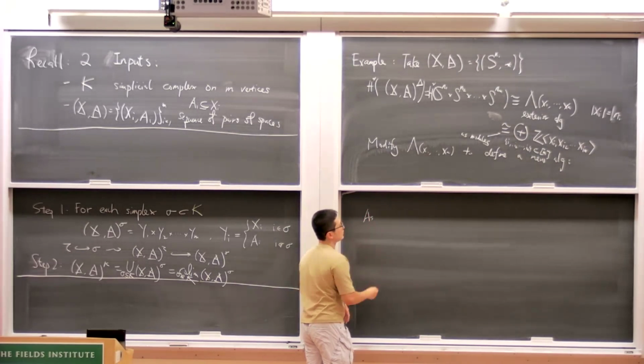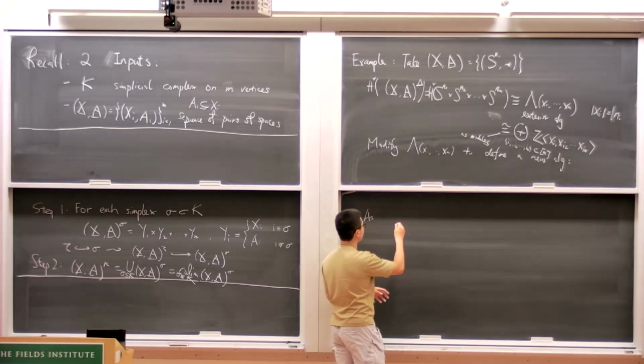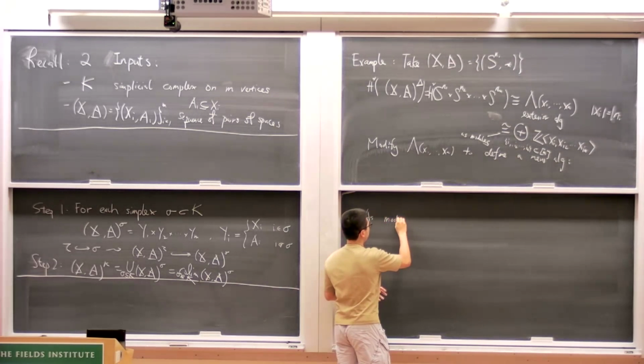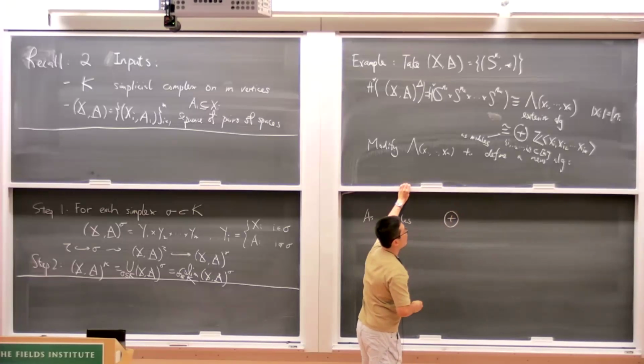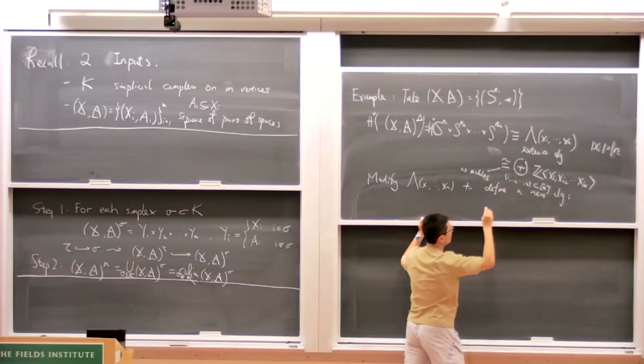First of all, we just take our new algebra to be a direct sum of three abelian groups as before.